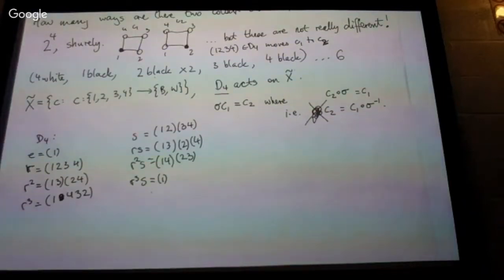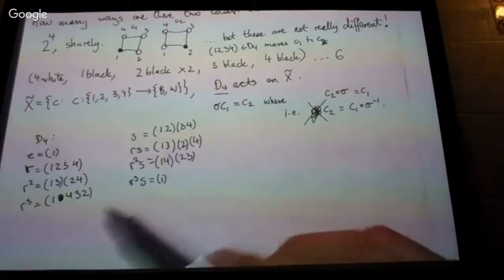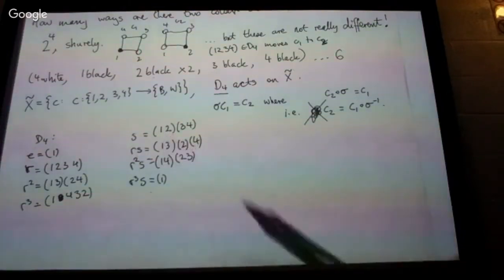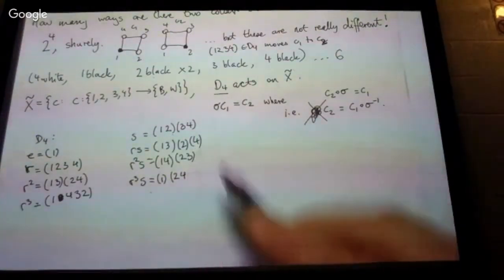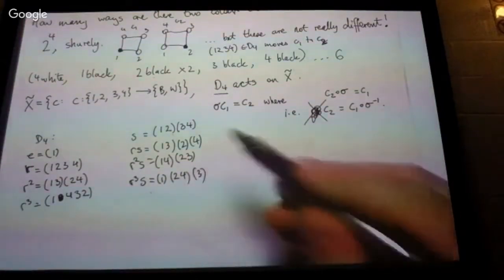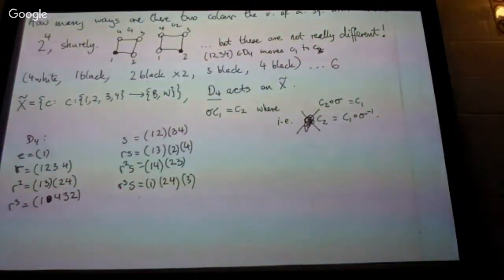So 1 goes to 2, goes to 1. 2 goes to 1, goes to 4. 4 goes to 3, goes to 2. That's for the opposite.